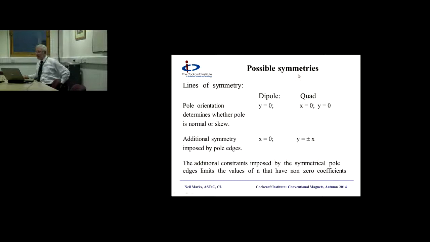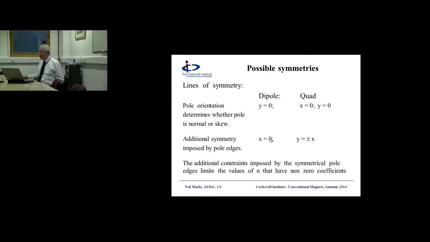Let's look at the dipole, for example. We've already said that the pole orientation decides whether it's skew or whether it's horizontal or vertical, and that's just given by the line of symmetry, in one case being y equals 0, and in the other case, in the quadrupole, the symmetry is given by x equals 0, around the x equals 0 and y equals 0 axis.